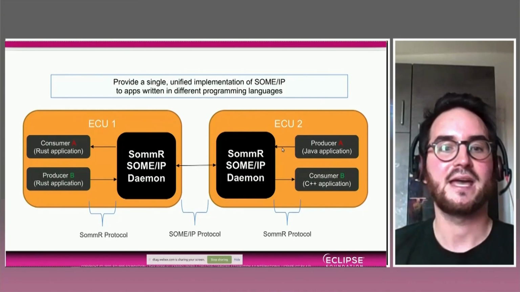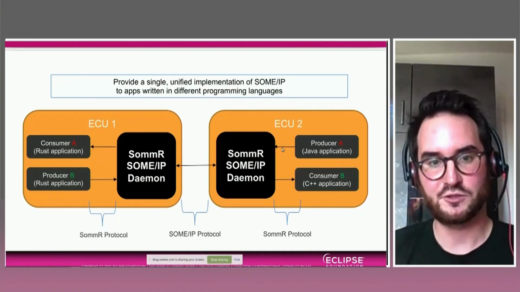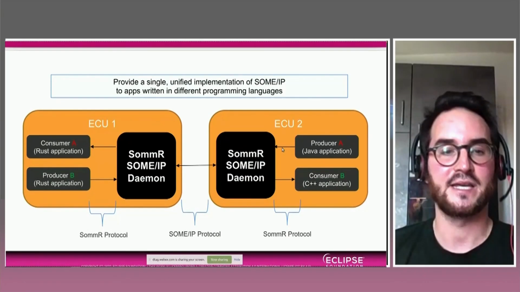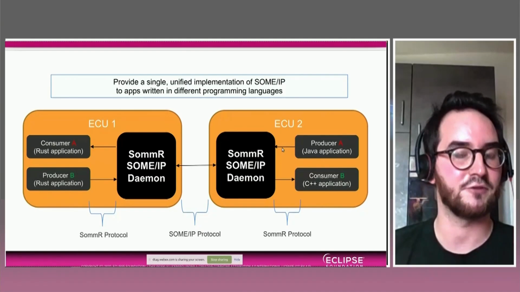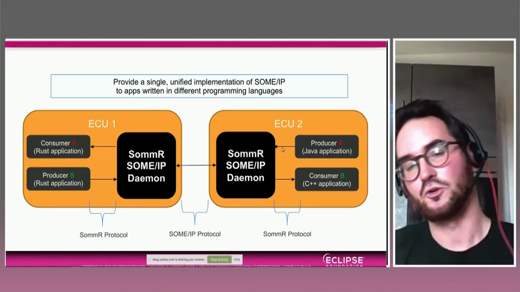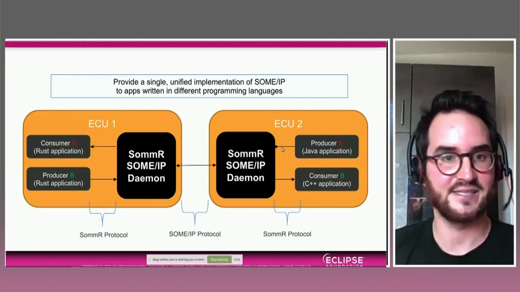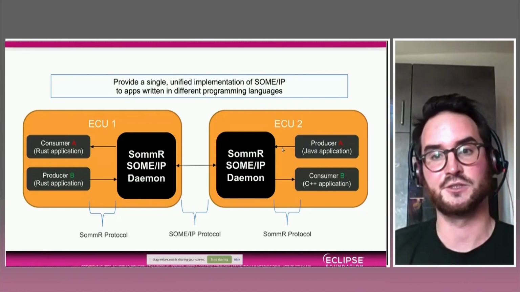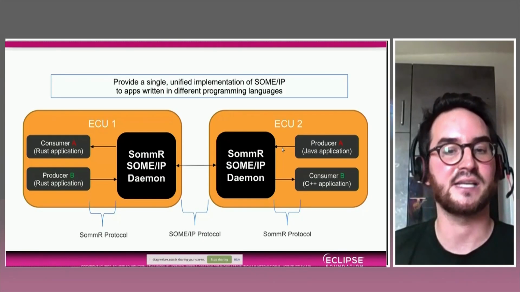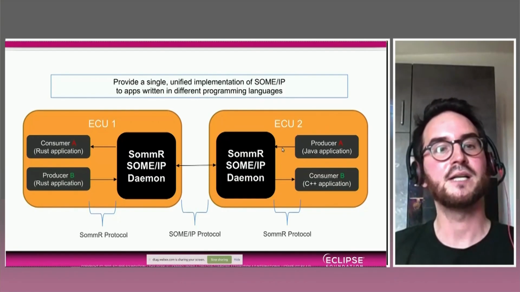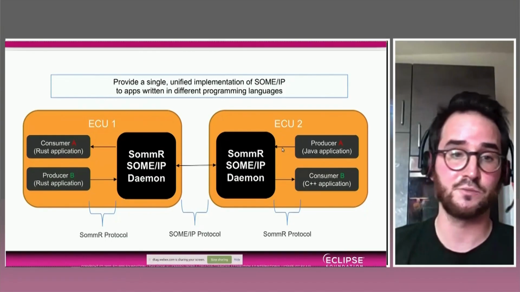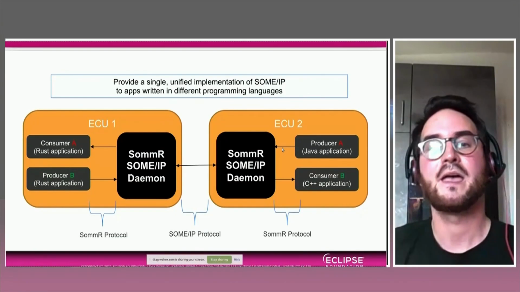It is used for distributing requests from different apps to a centralized SommIP daemon process. Here you see a basic topology consisting of two ECUs, and each ECU is running a centralized SommIP daemon process.